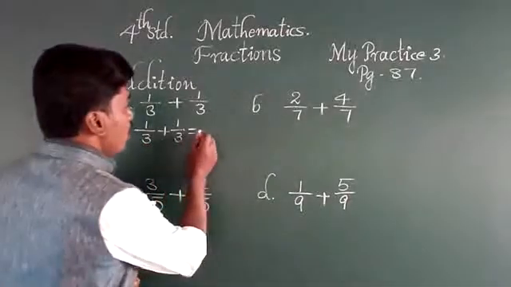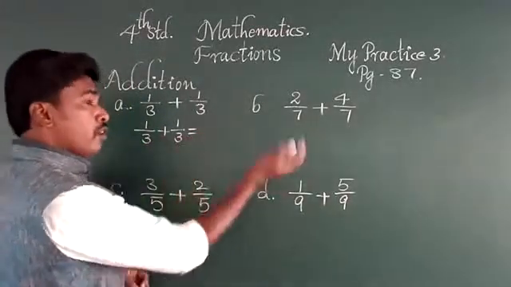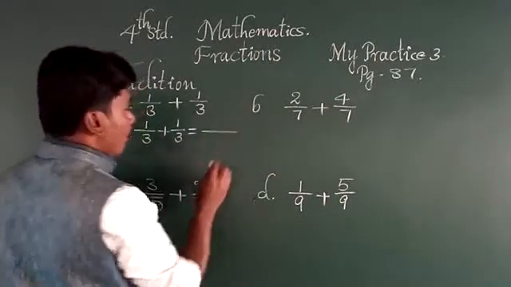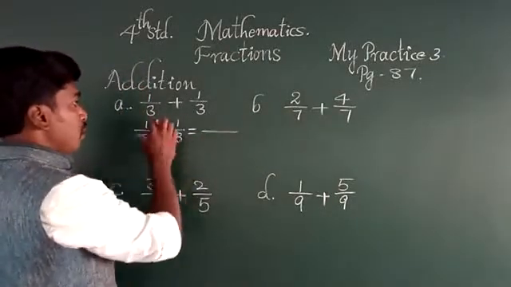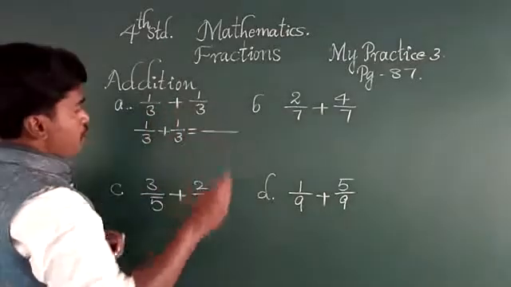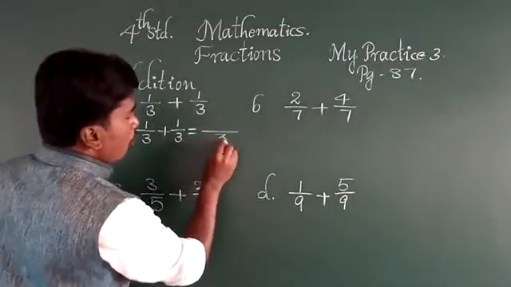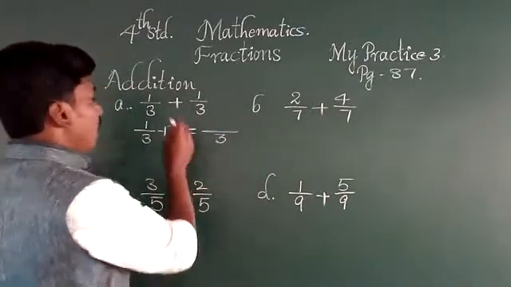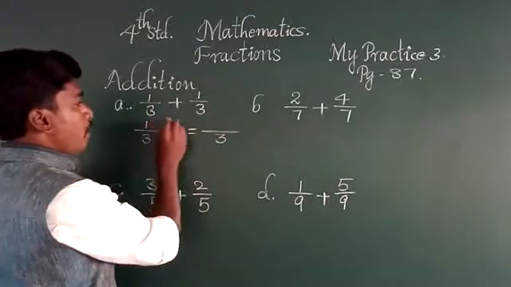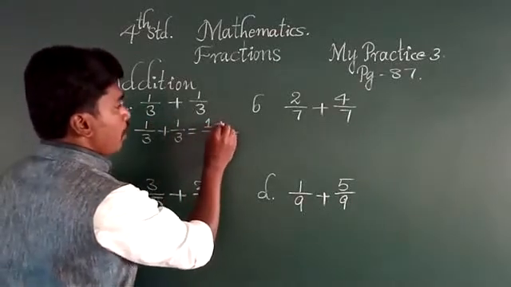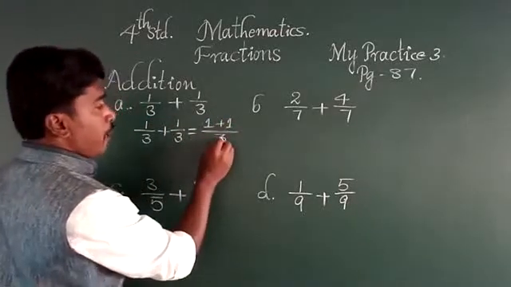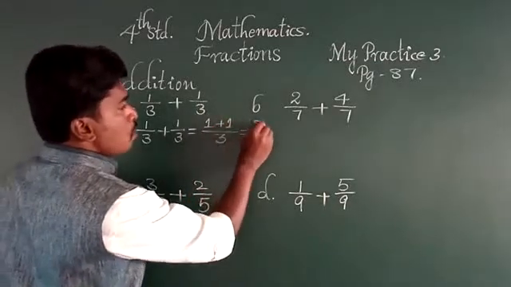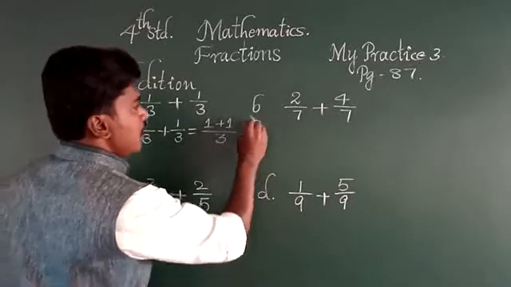If they give 2 or more fractions, you take only a common denominator. How many fractions are there? 2 fractions. So you take the common denominator, it is 3 only. Then add the numerators, 1 plus 1 becomes 2, so 2 by 3. This is the answer.